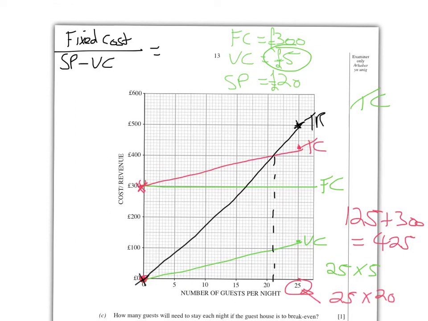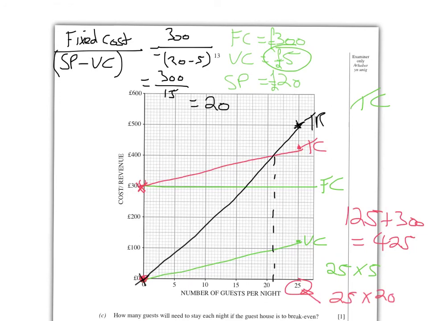Now you've got to do them in brackets because you've got to do that first, and you'll end up getting what the break even is. So the fixed cost is 300, over, the selling price was 20, minus variable costs which were 5. So that could be 300 over 15. And if you actually do that calculation, the break even ends up being 20 guests.